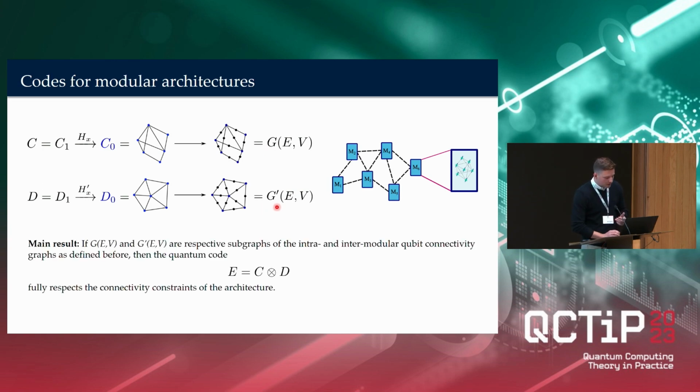Our main result in the paper is that if G and G prime are subgraphs of the intra- and intermodular qubit connectivity respectively, where one graph defines the connectivity within the module and the other defines the connectivity between the modules, as defined before, then we can construct a new code, the hypergraph product code, a quantum code that fully respects the connectivity constraints of your full architecture. So this is a framework, a formalism, that allows us to create new codes for modular architectures.